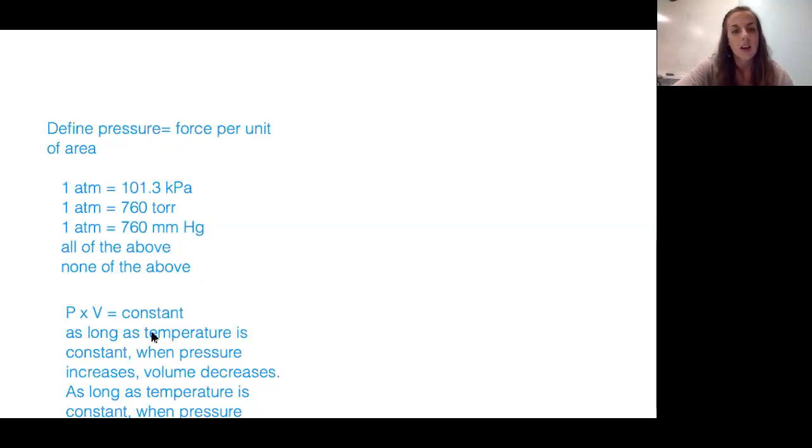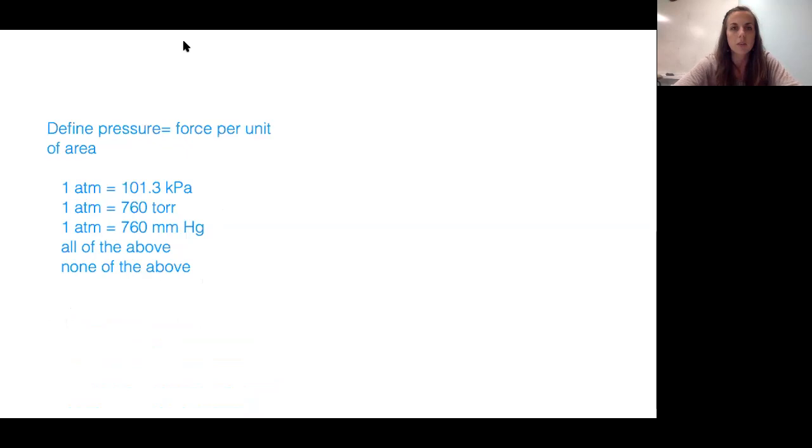I'm trying to write Boyle's law, but for some reason the text box isn't big enough, so I'm going to start it over here. Okay, so number 2 in your study guide questions, write Boyle's law in your own words. I'm going to give you a couple different ways you can write it. You can say pressure times volume is constant.